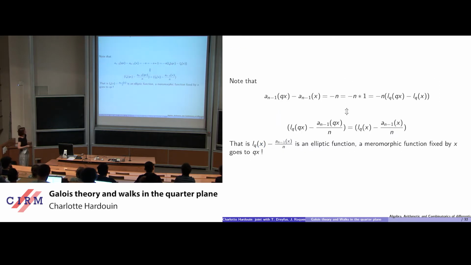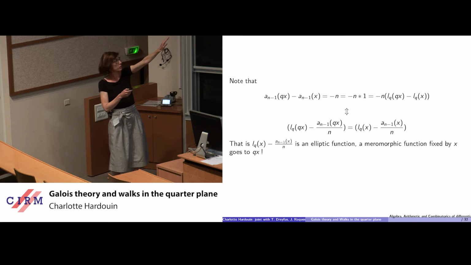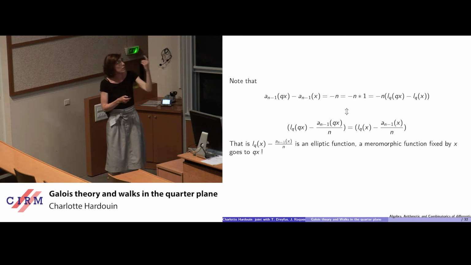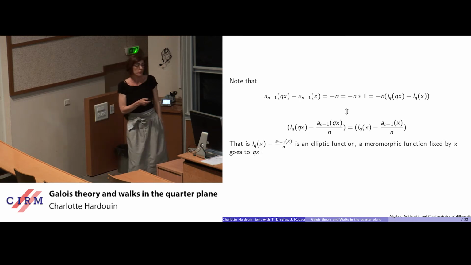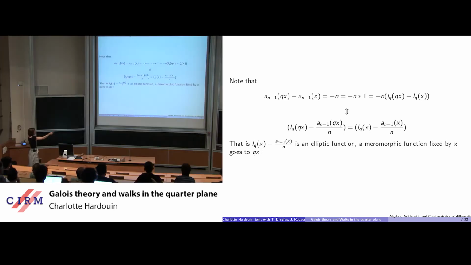So just a note is that, well, okay, if you have such a relation on the coefficient, then you can get some relation on the function. So if you rewrite this relation and you just say that minus n, it's minus a times 1, and then you use the functional equation for the q logarithm, then out of this, you get that a certain function is fixed by x goes to qx.